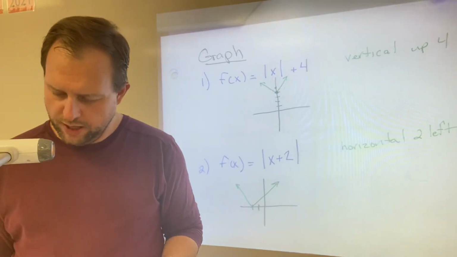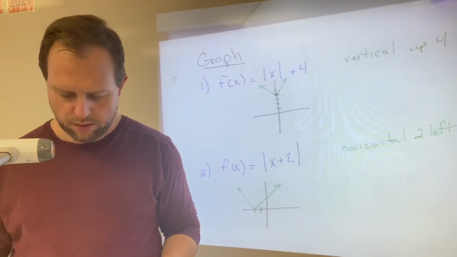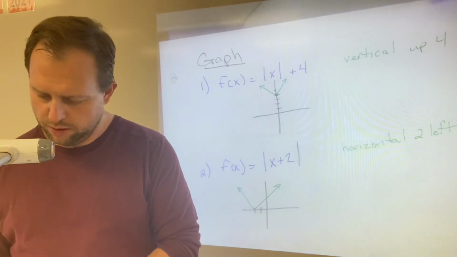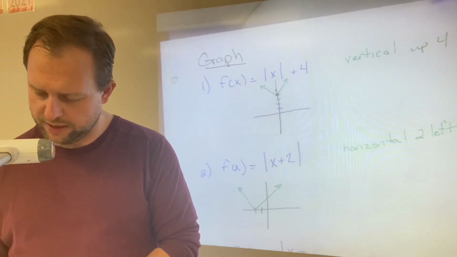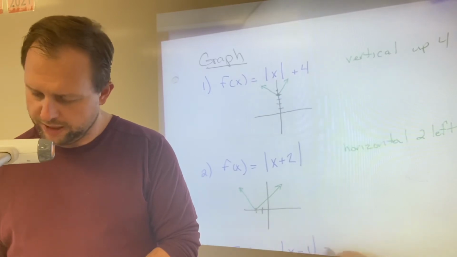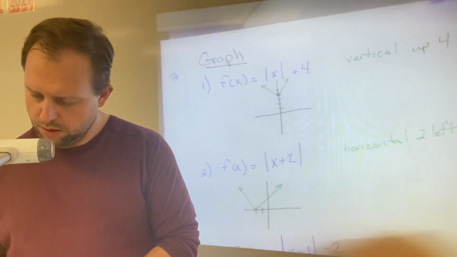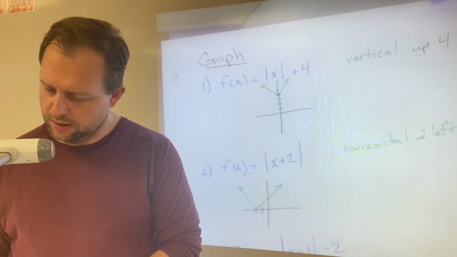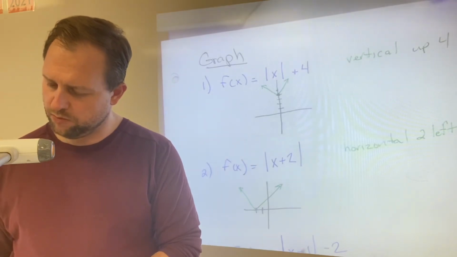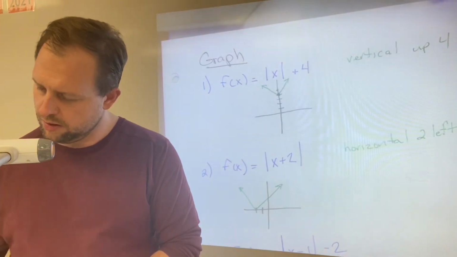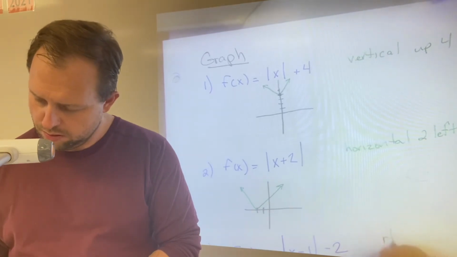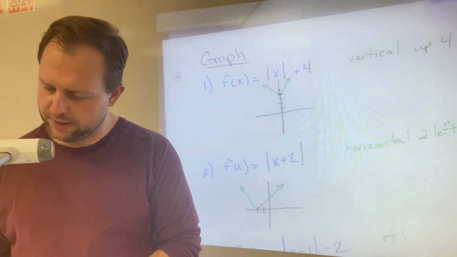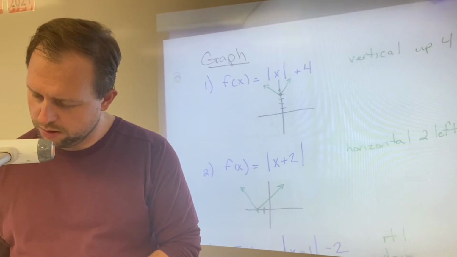For number 3, we have both f of x equals the absolute value of x minus 1 minus 2. Then the opposite of a negative 1 means right 1. And the negative 2 means down 2.